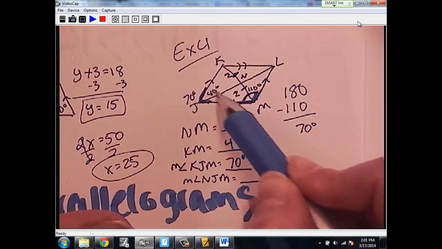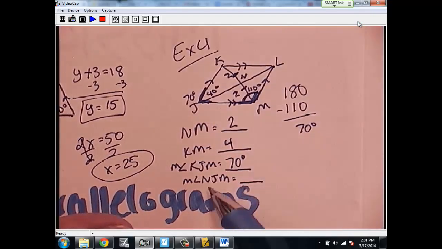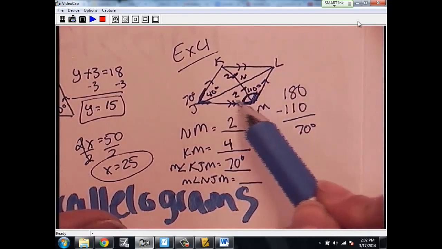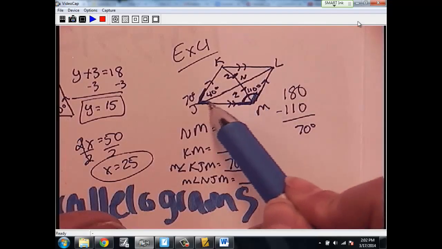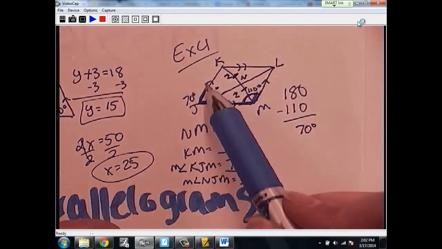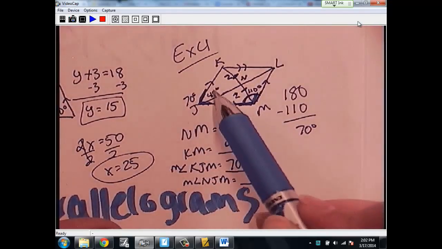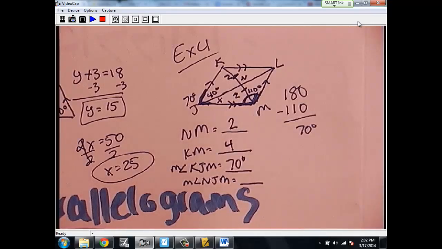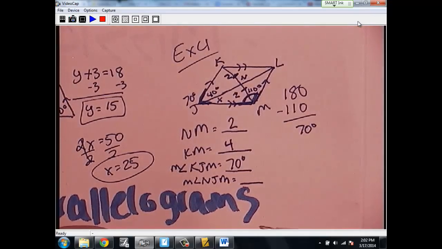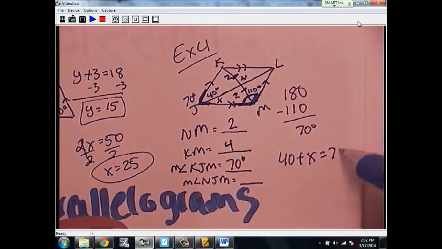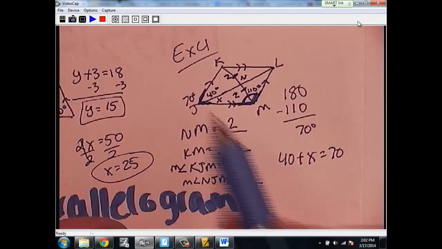Okay? If both of these together add up to 70, now this question says, what's NJM? N to J to M. I want to know NJM. What's this angle in here? If I even call it X. The whole thing we said is 70. That's 40. How do we find that third one? Well, you could say 40 plus X equals 70. We can do that. Both of those angles added together equal 70.